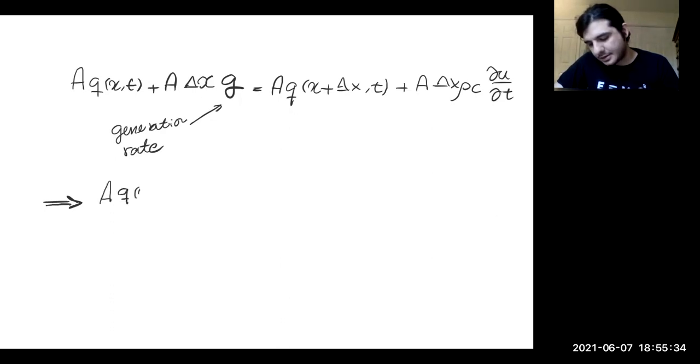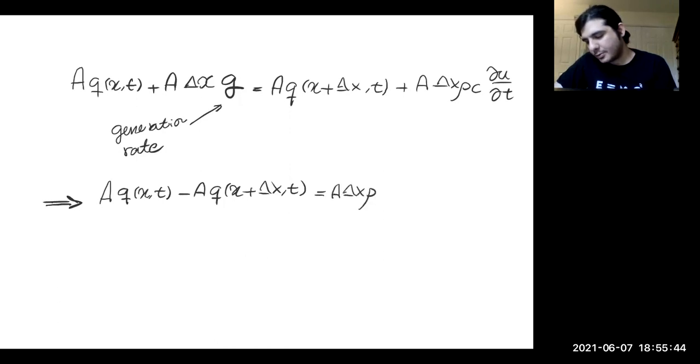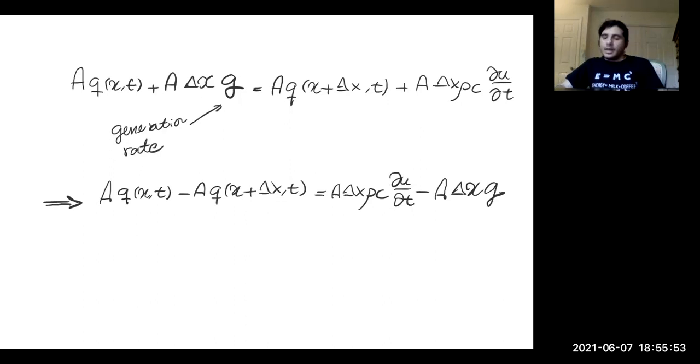AQ of X and T minus AQ of X plus delta X and T is equal to A delta X rho C, derivative of U with respect to T, minus A delta X G. One interesting thing you can see here in this equation is that everything has a factor A in it, the area of the cross section.